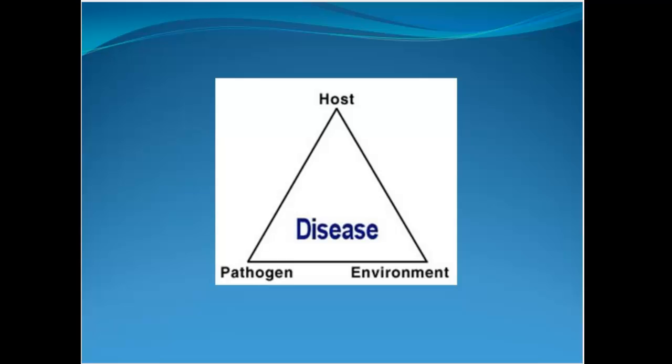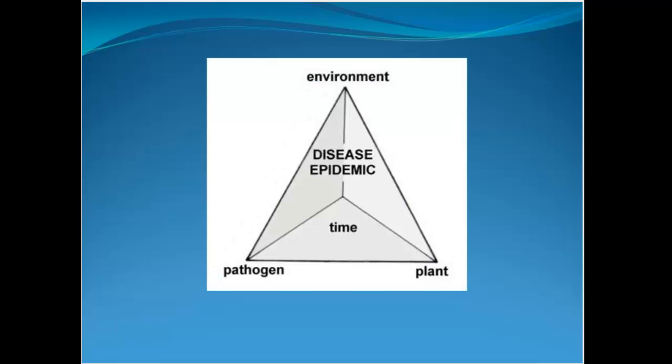And this was known for decades and decades and was largely the model, and it has since changed because we also have to include timing: the environment, pathogen, and plant all have to be at the correct timing for disease to occur.